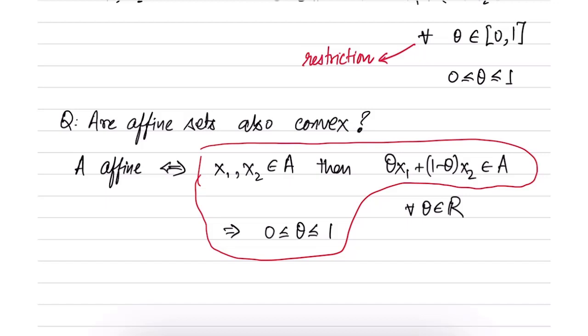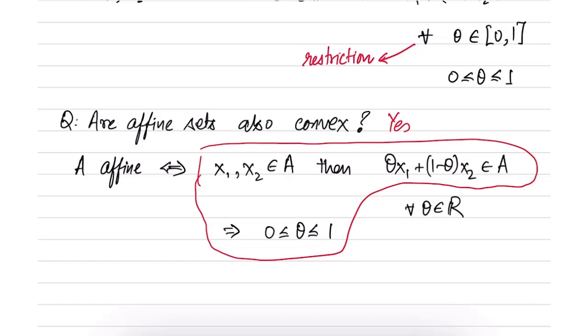If a set is given to be convex, then this statement will be true for theta between 0 and 1, but this statement may not be true for theta outside of 0 and 1. So this means that a set which is convex is not necessarily affine. So the answer to this question is yes, while the answer to the other side is not necessarily.